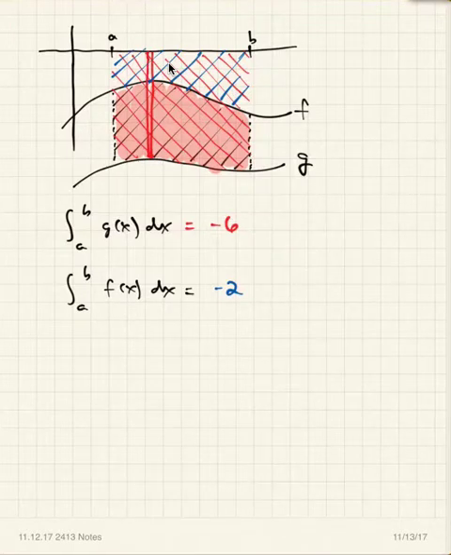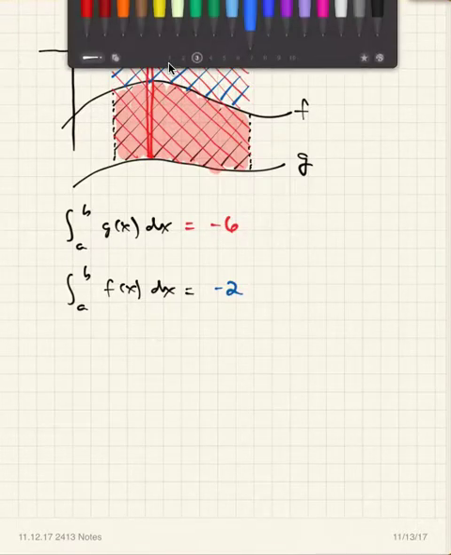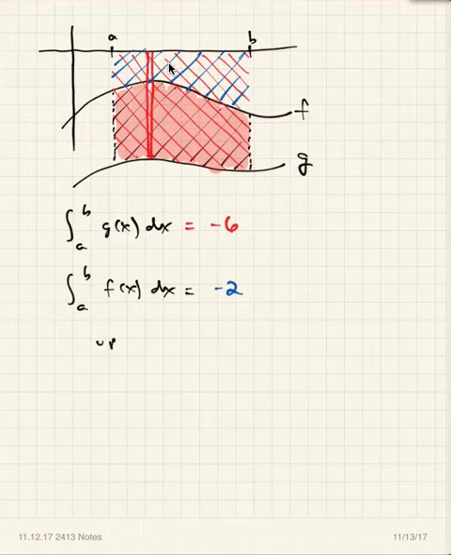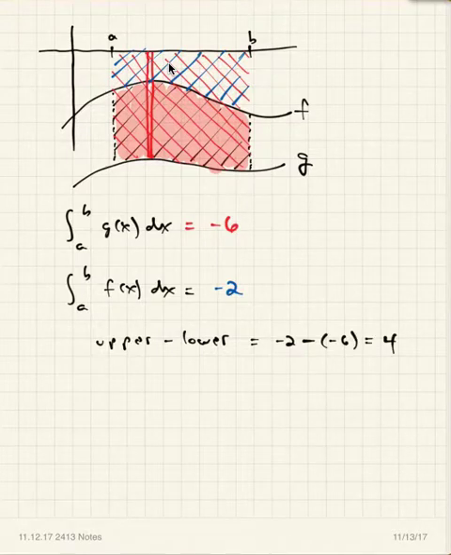So our pink shaded region should have an area of 4. And notice when you look at upper curve minus lower curve right here, this is going to be -2 minus -6, and sure enough, that does give you 4. It gives you the right sign.